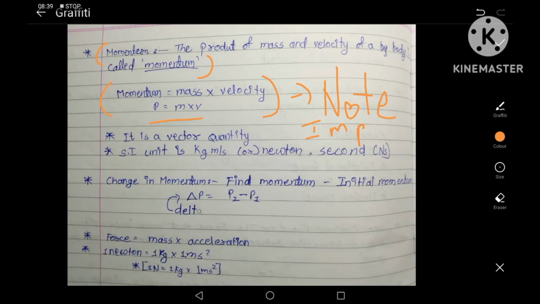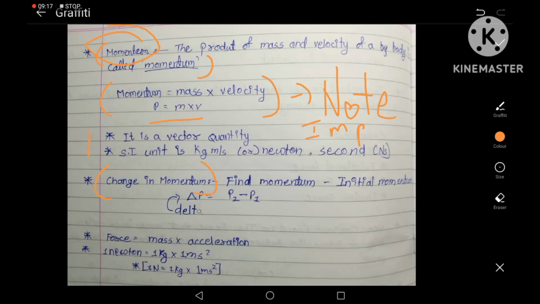Here P denotes the momentum, m denotes the mass and v denotes the velocity. Here are some main points. It is a vector quantity, meaning momentum is a vector quantity. The SI unit is kilogram meter per second or Newton second. Change in momentum: here you will find the change in momentum.